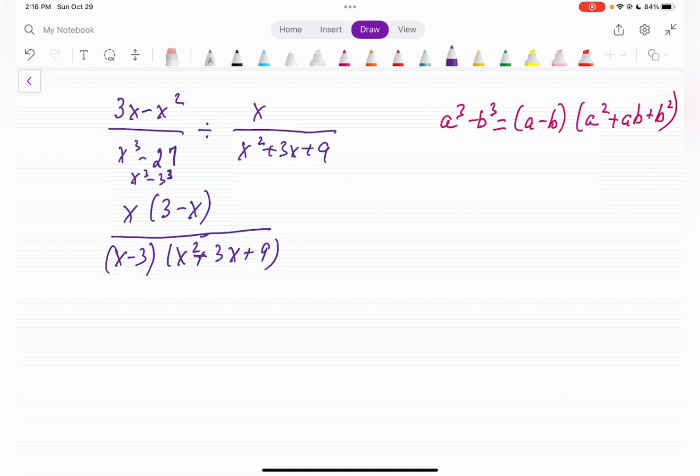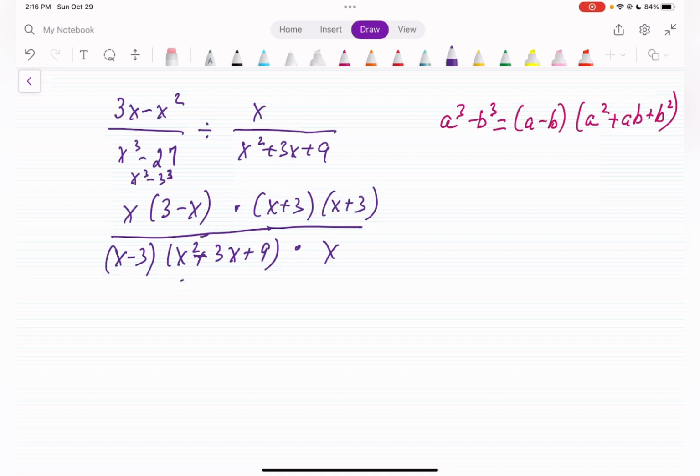Okay, division. So flipping, x squared plus 3x plus 9 coming to the top. So it's going to be a perfect square, either x plus 3 squared or x plus 3, x plus 3. I put x plus 3, x plus 3. It's easier to cancel later. And 9 comes here.